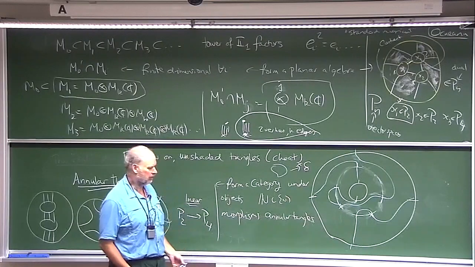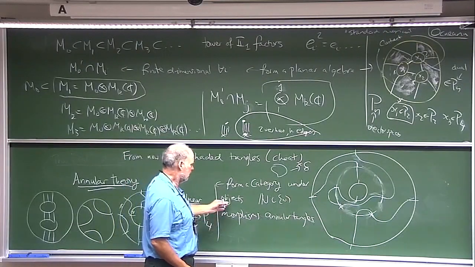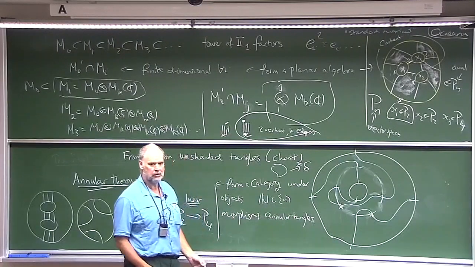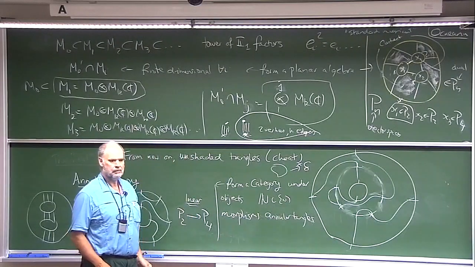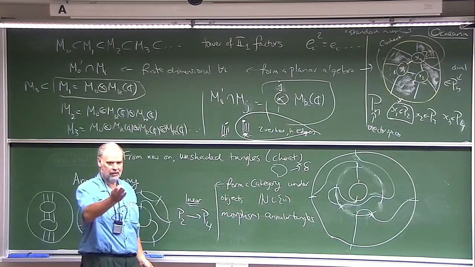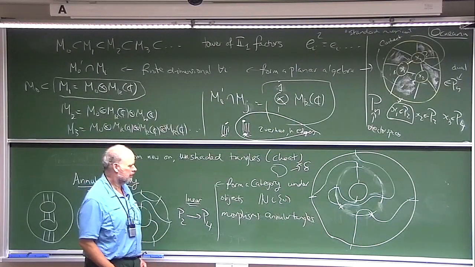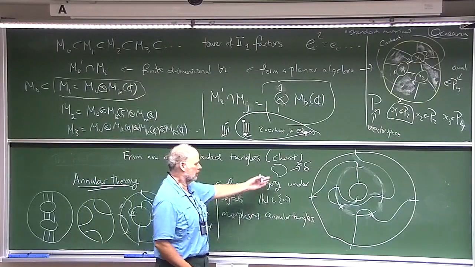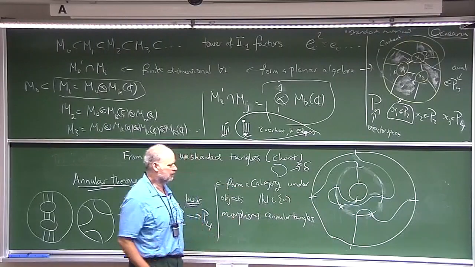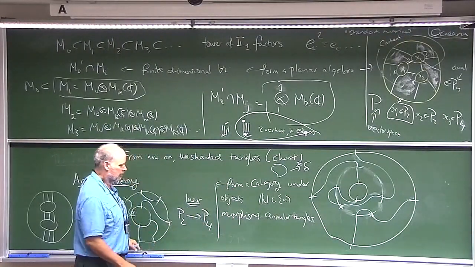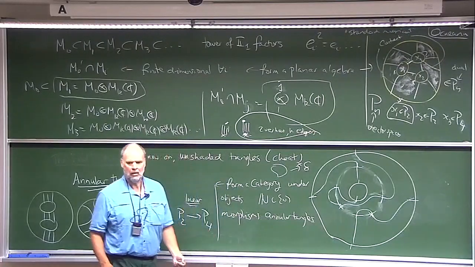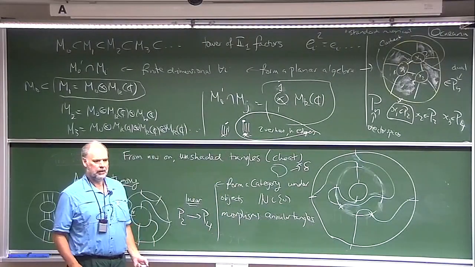The objects would be the same, but the morphisms would be linear combinations of tangles. I think it came up last time. You could also leave these deltas in, have a big proliferation of circles and make it a category on the nose. Any questions about that?